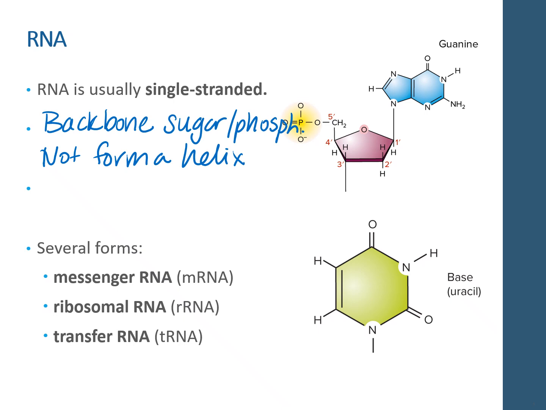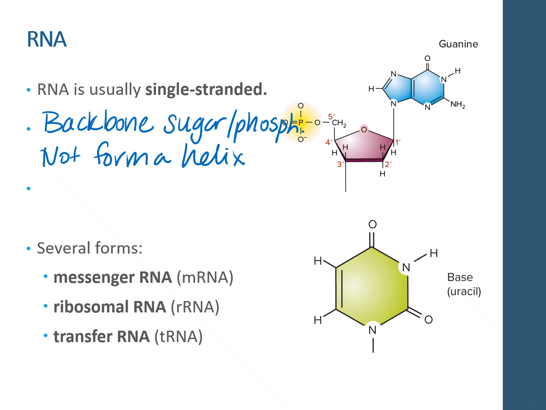There are several forms of RNA, all with slightly different structures. All are single-stranded, but they're all folded a little bit differently in order to perform the function that they need to perform. We will come back to the different forms of RNA in later chapters.